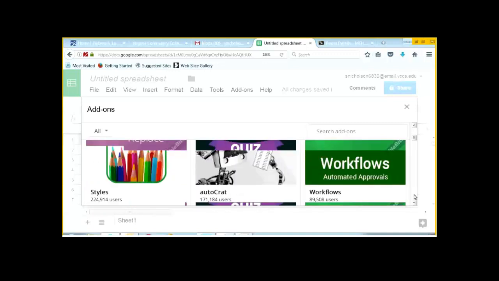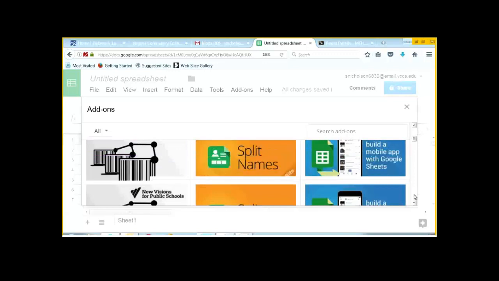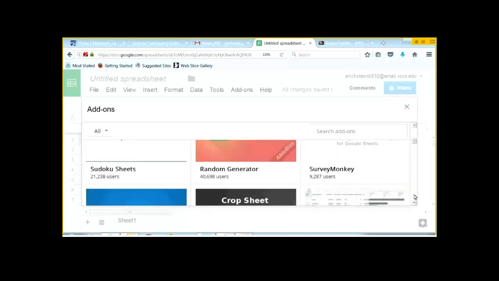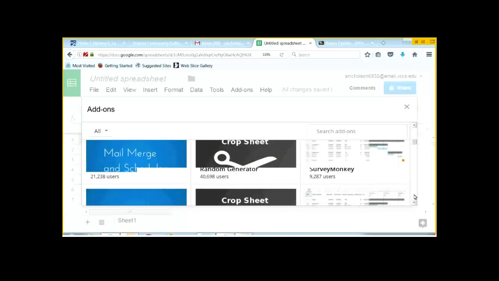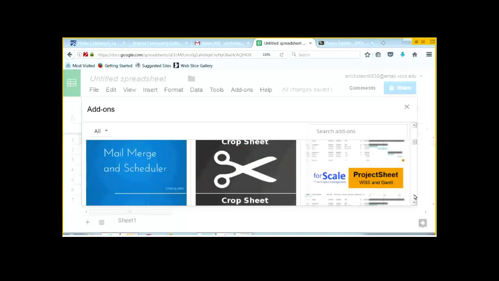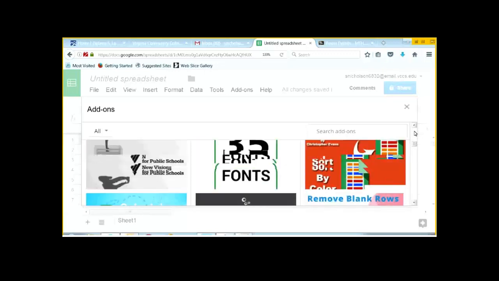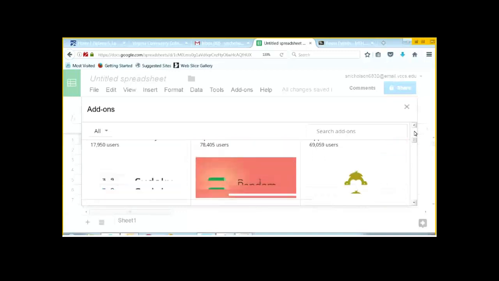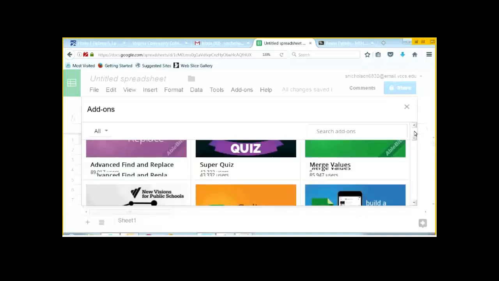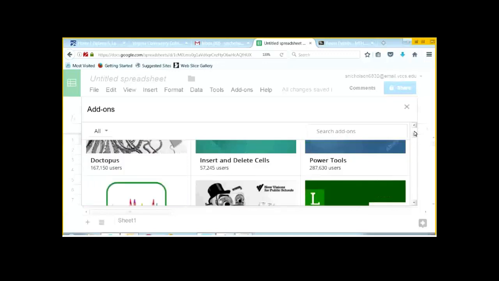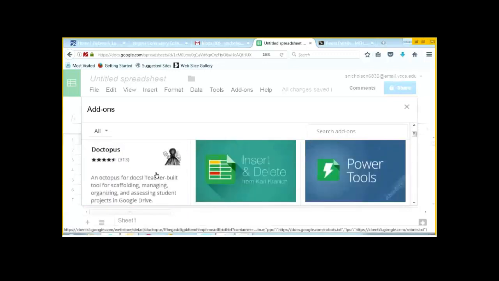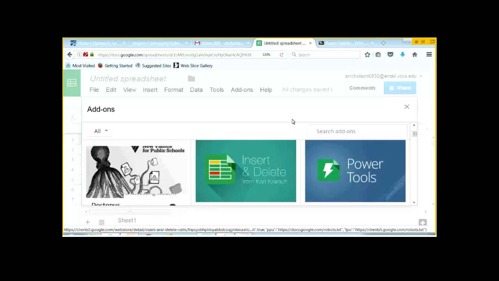You can see there's all kinds of math stuff, of course, because spreadsheet, Sudoku sheets, SurveyMonkey, Doctopus. An octopus for docs. Teacher-built tools for scaffolding, managing, organizing, accessing student projects in Google Drive.